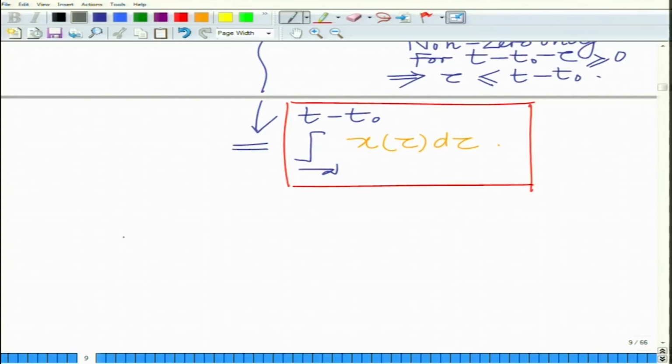Now, let us look at another simple problem.